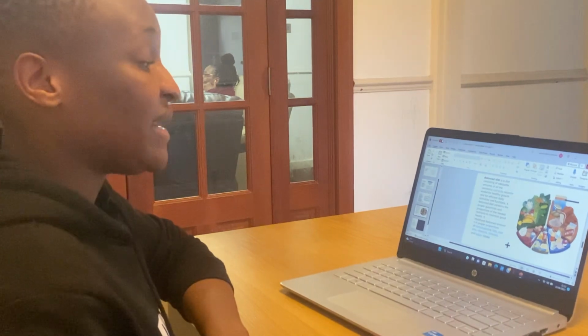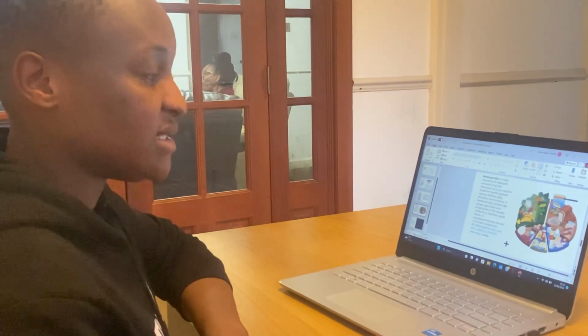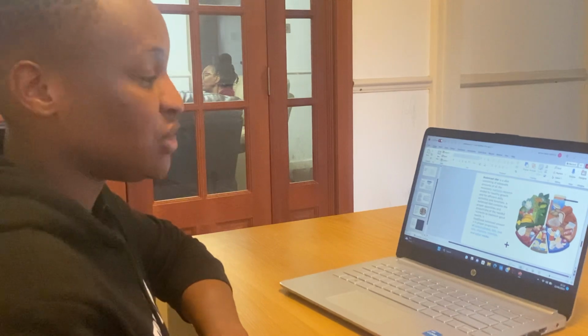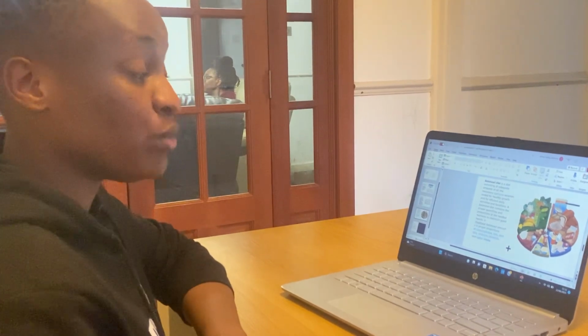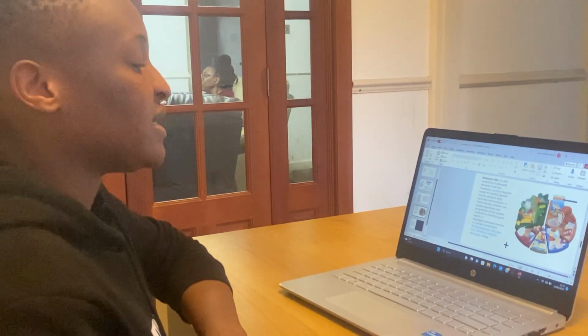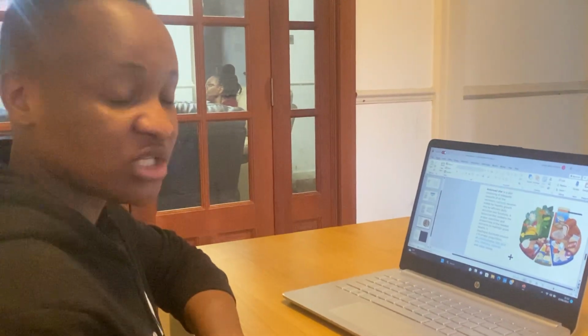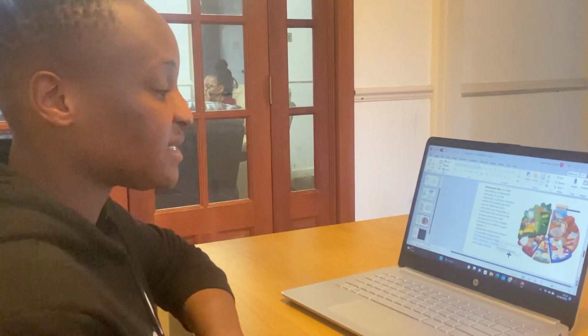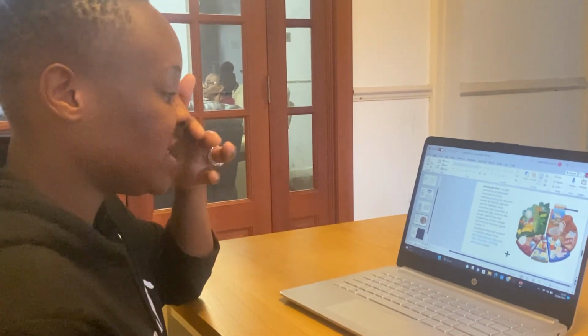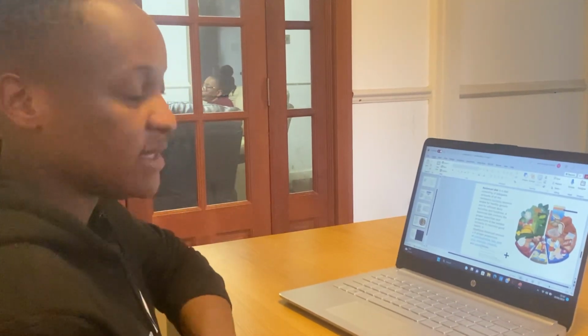A balanced diet contains the proper quantities and proportions of the needed nutrients to maintain good health. It must have balanced amounts in the proper proportions of carbohydrates, fats, proteins, vitamins, minerals, and water intake.